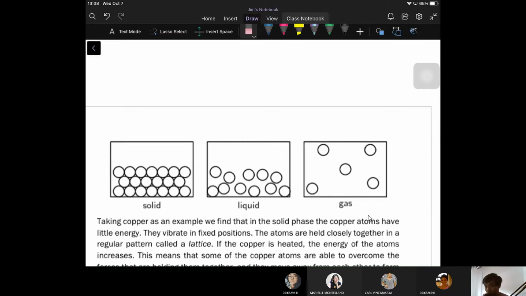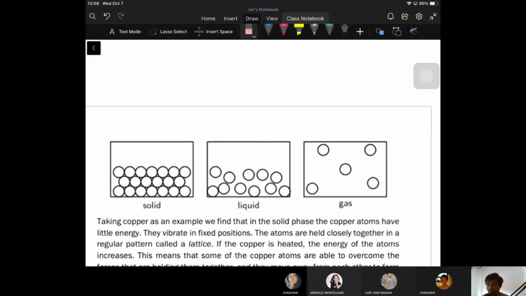Gases, malakas yung energy, so hiwa-hiwalay. Another explanation for the phases of matter is the attraction. Kapag masyadong malakas yung attraction nila, you will expect solids. Pag hindi naman ganun kalakas, pero sakto lang, liquids yon. But if ang attraction ay super baba, gases yon.